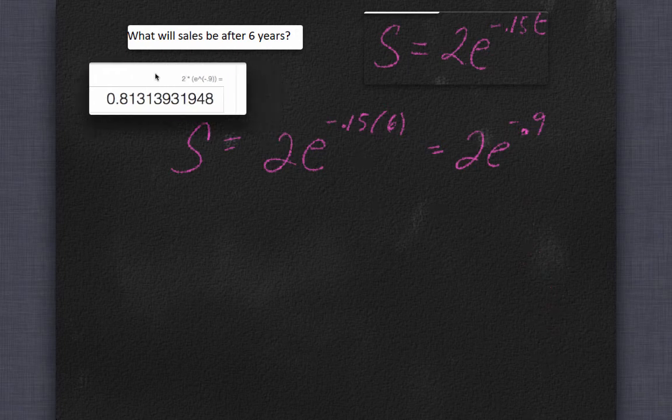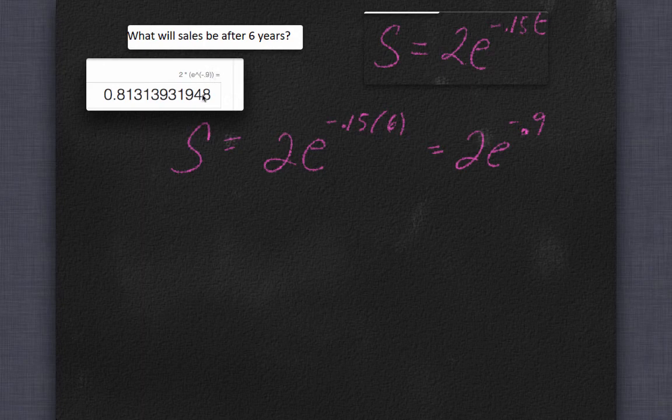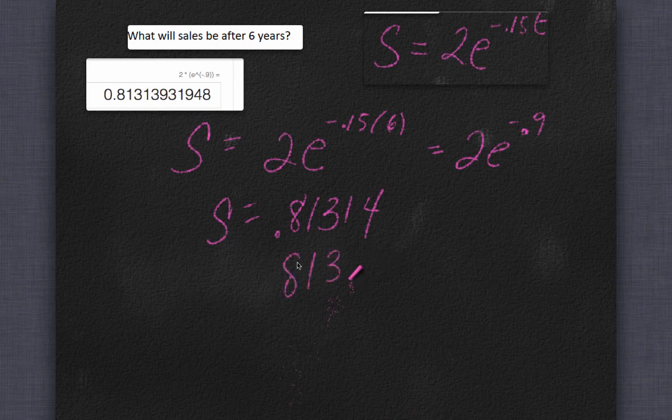So I went over just to the computer very quickly and found that this is equal to 0.813. So s is 0.81314, but this is in thousands, so this is 813.14. And that is the end of this section.